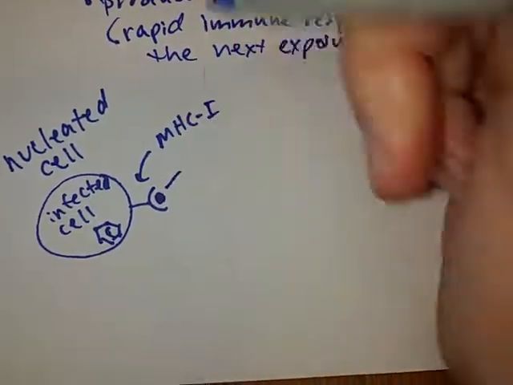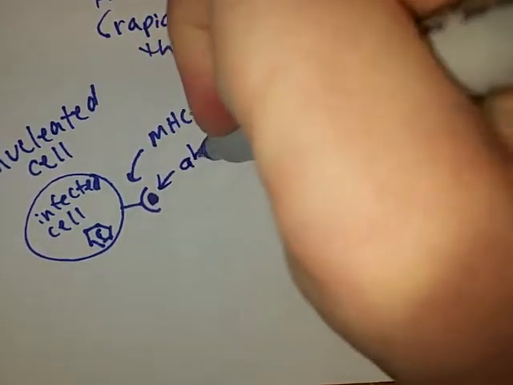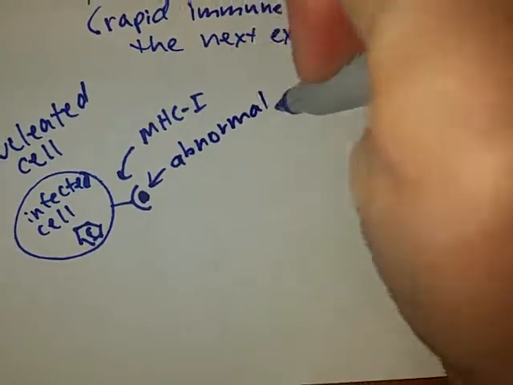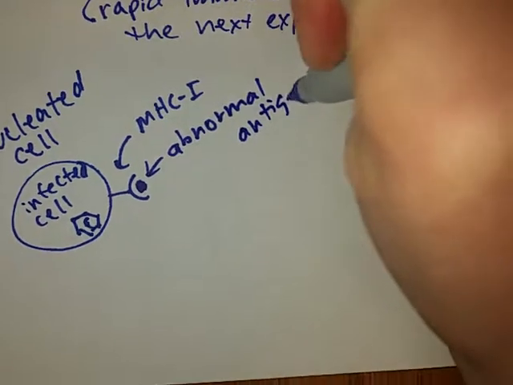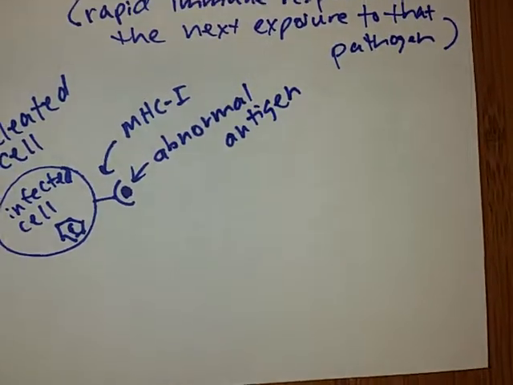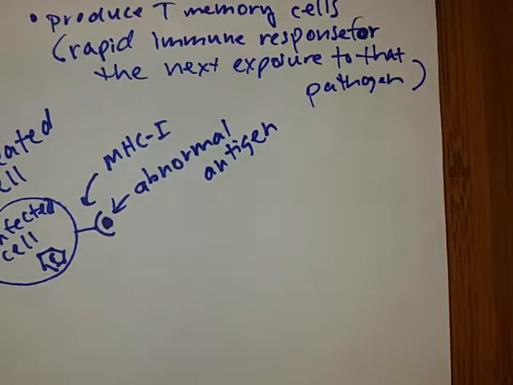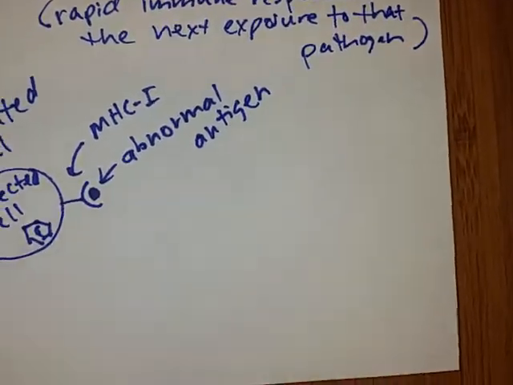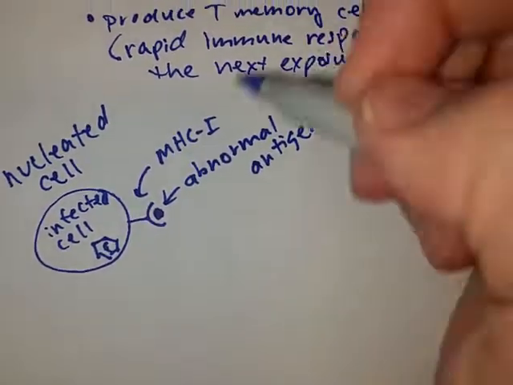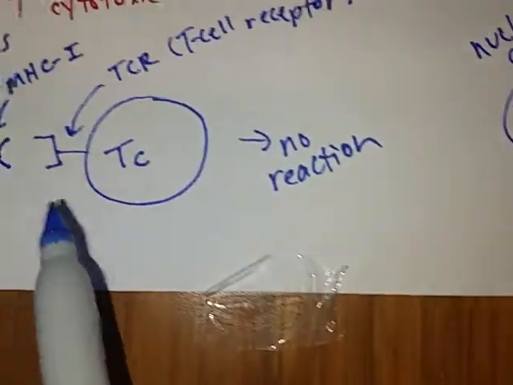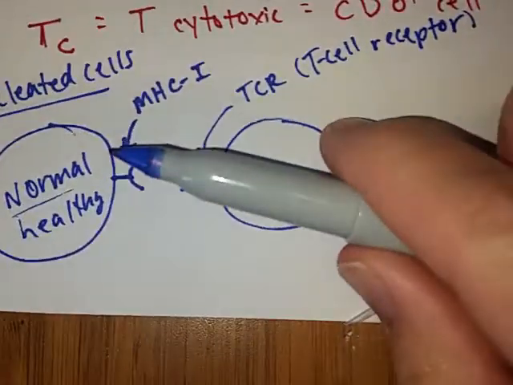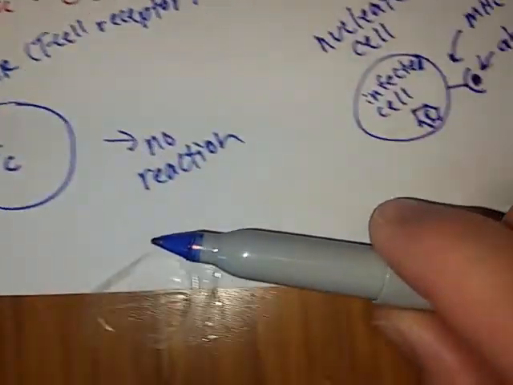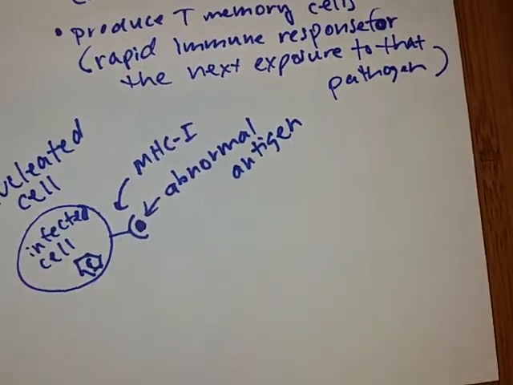So here I'm going to put abnormal antigen. Before we could just have normal antigen. Now it's going to be abnormal. So what's going to happen is, as the same T cell was coming through, it's like, nope, this one's healthy, there's nothing strange going on, and that T cell next will come here.